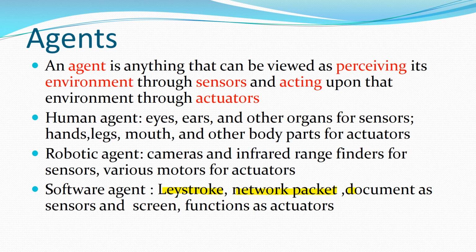It can find out which document is there and which document is to be read. So these are the sensors, and it will display a message accordingly onto the screen. Similarly, suppose it has to take a certain action. The functions will act as actuators. So this is what an agent is.